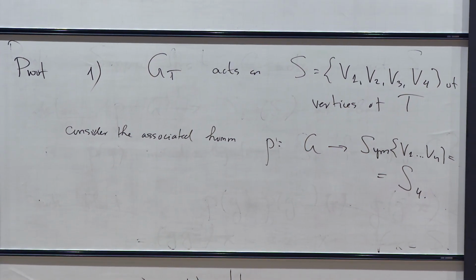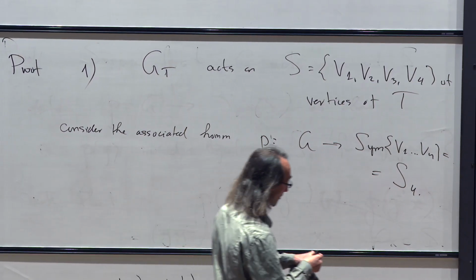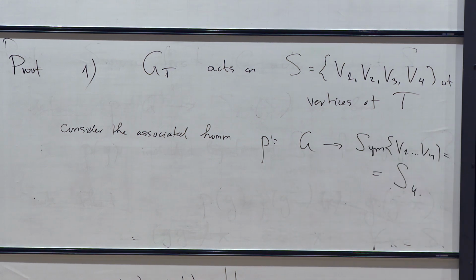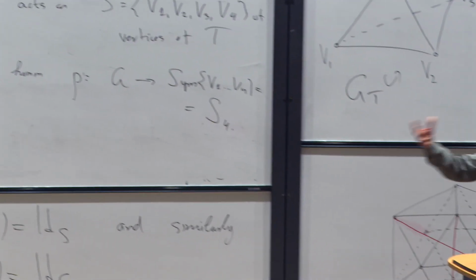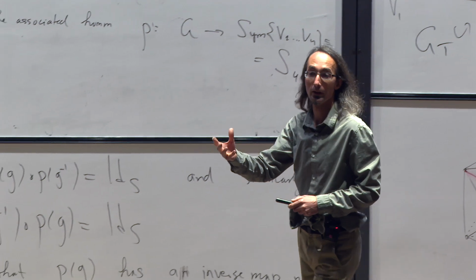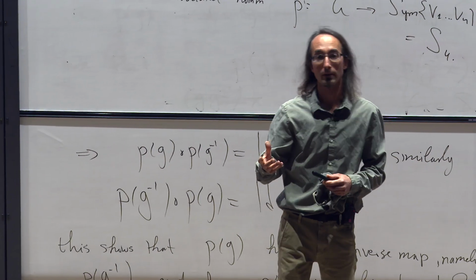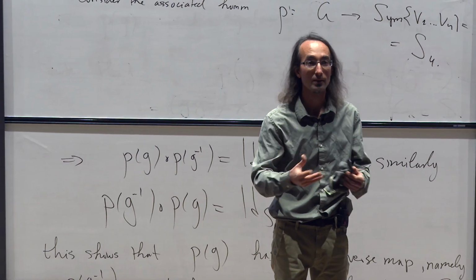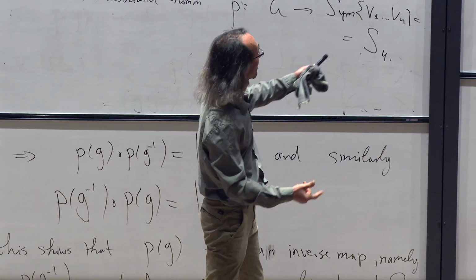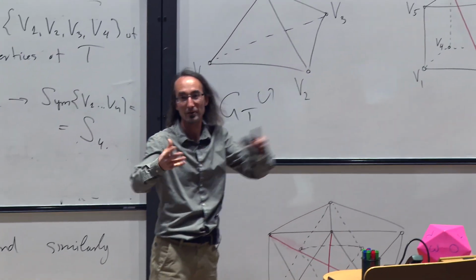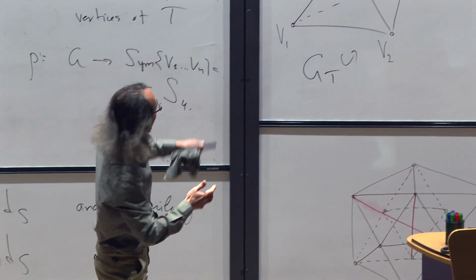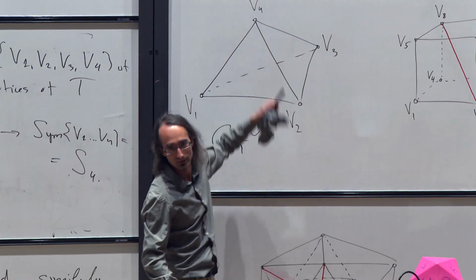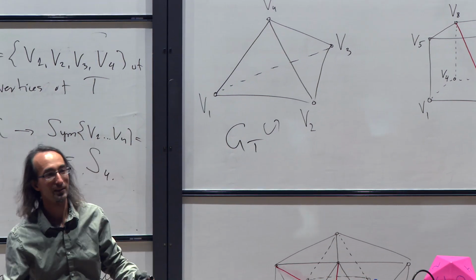Is this action faithful? Well, what does it mean to be faithful? It means if I have a rotation which fixes all the vertices of the tetrahedron, is that rotation the identity? And the answer is yes, because any linear transformation that fixes 4 vectors, at least 2 of which are linearly independent, will be the identity linear transformation.